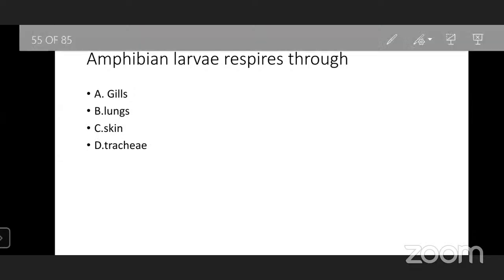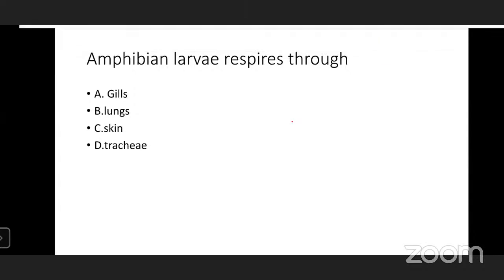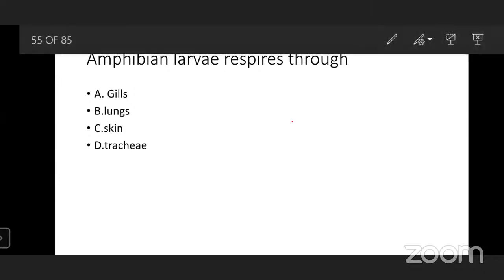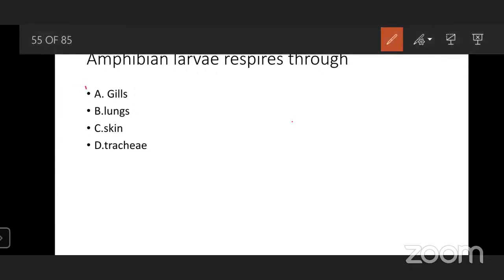Amphibian larvae means, one of the examples is, what is that larva? Trochophore larva, right? So that larva will undergo respiration with the help of gills, right? They will respire through the gills because they are aquatic in nature.